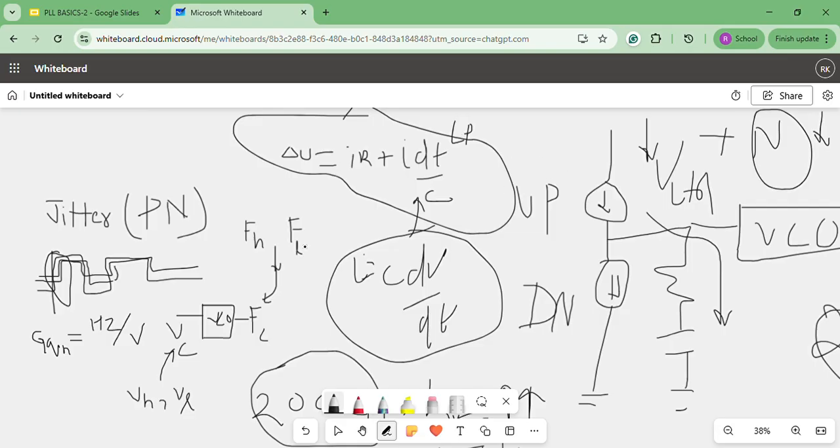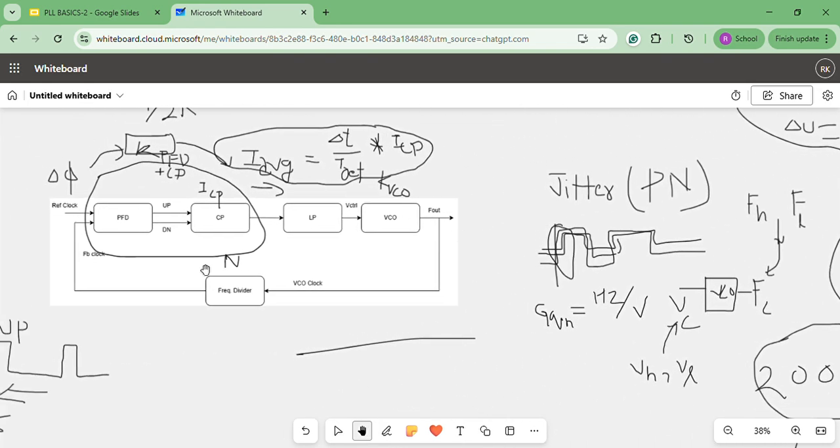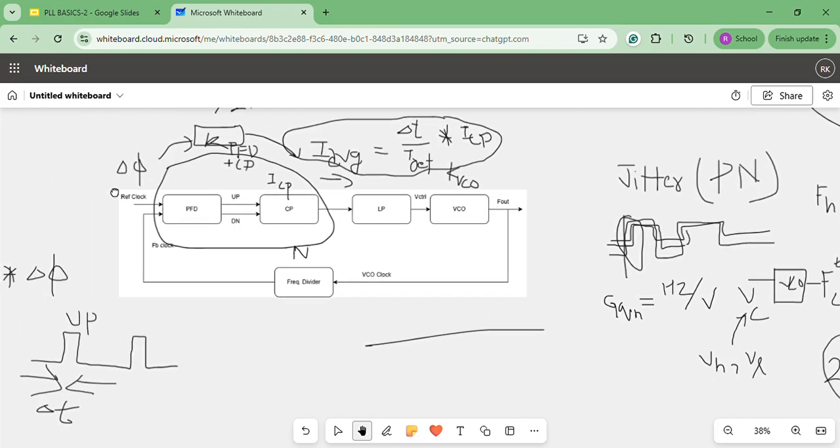Okay. So now we'll dive into the calculation of the open loop transfer function of the VCO. Now we have almost all the parameters required for getting the transfer function. We want all these equations in the frequency domain.